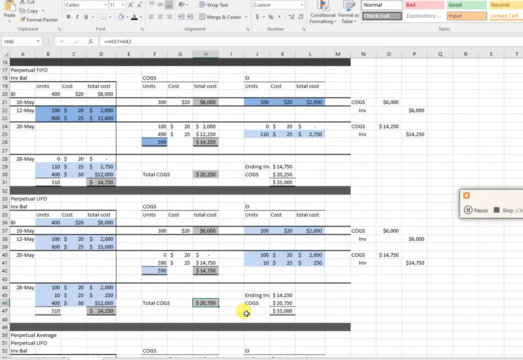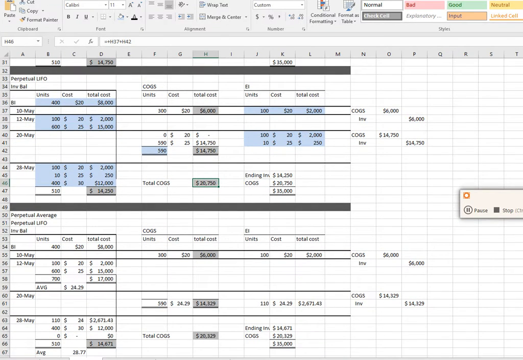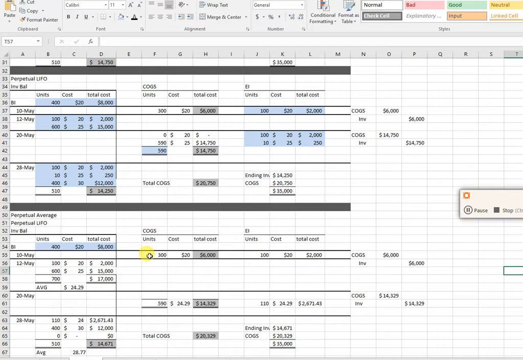Weighted average, while it's very easy under periodic, can give some people some fits under perpetual because you simply have to figure out a new weighted average every time you purchase something. So hopefully you remember these numbers, but I had 400 at $20, so since I only have 1 layer, the average is still 20, so I have the same under FIFO, LIFO, and average costing because I only had 1 layer.